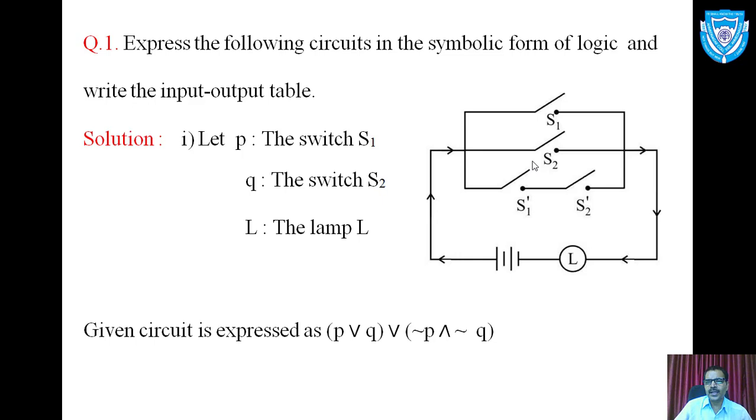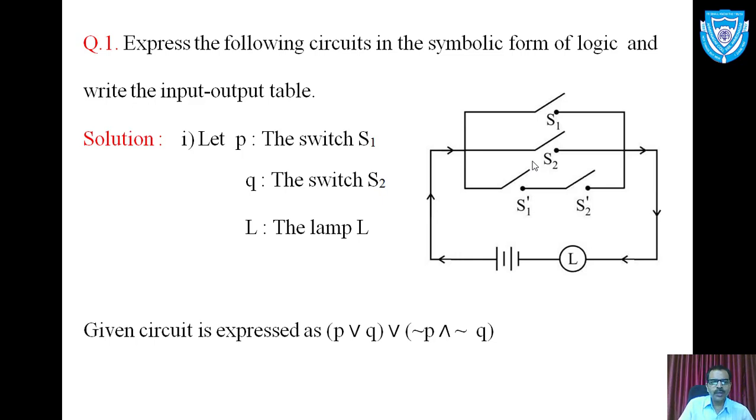Since these two loops are connected in parallel, we know that parallel connection is the same as the logical connective OR. So the loop representing P or Q and the loop representing negation of P and negation of Q can be joined to each other by the connective OR, and hence this switching circuit can be represented by the logical compound statement P or Q or negation of P and negation of Q.